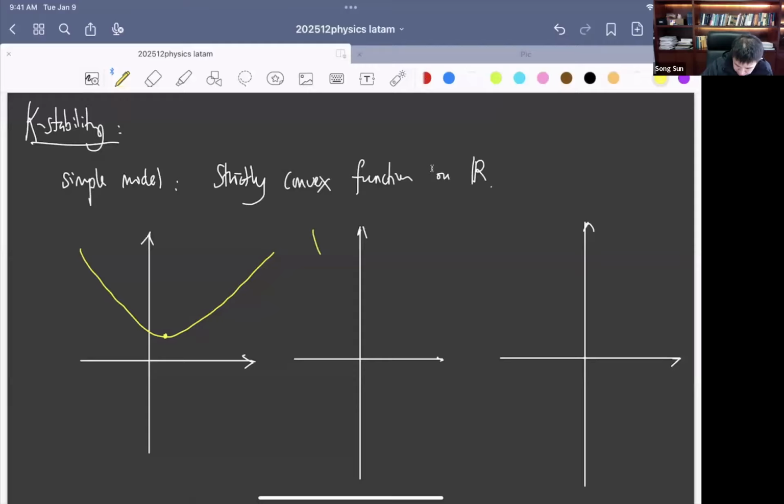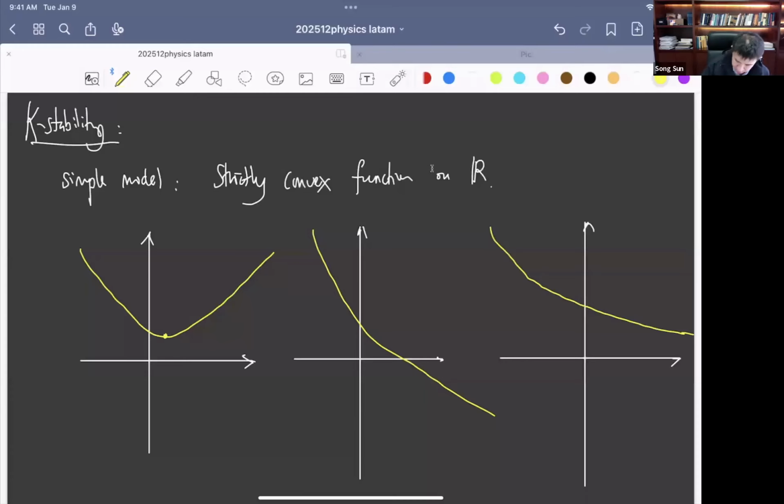It can go like this. Then there's no minimum, there's no critical point. It's always monotone and goes to negative infinity. But it could also have some kind of infimum at infinity, never achieved, like this.